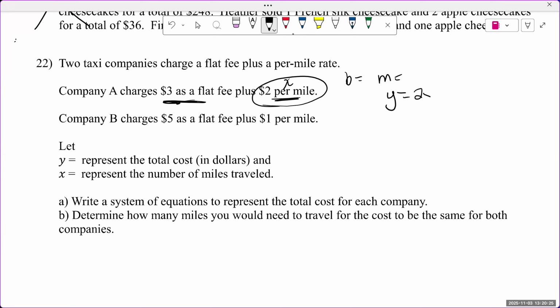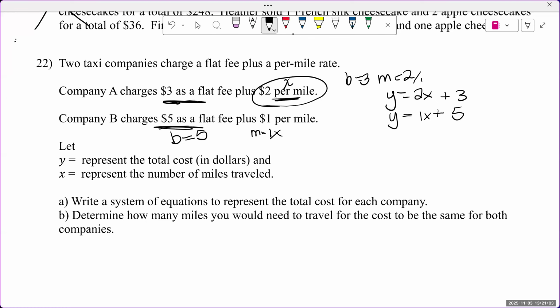So we're going to have 2x plus 3. 3 happens once, and 2 happens multiple times. So y-intercept of 3, slope of 2 over 1. Company B, $5 flat fee, so that's 5, and 1 mile equals 1. So that is your x.